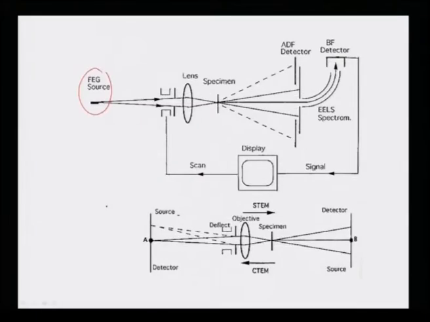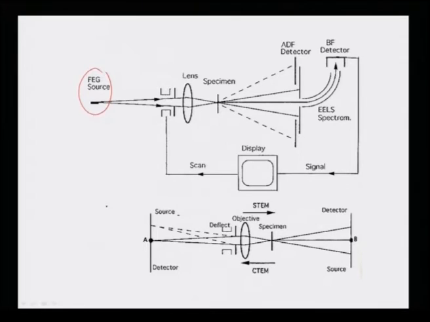So, the first thing to understand is that the intensities of the diffracted beams or the transmitted beam passing through the sample are totally dependent on the initial intensity of the convergent beam falling on the specimen. That is why in this kind of STEM configuration, one uses something known as FEG, or field emission guns. The reason is very simple.